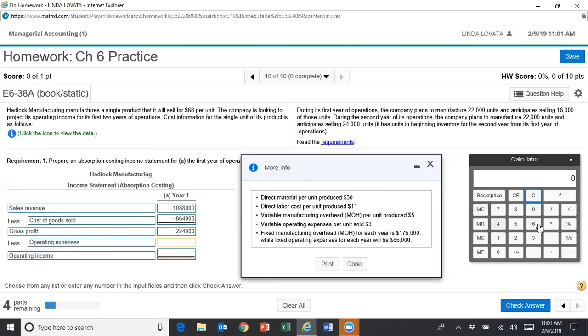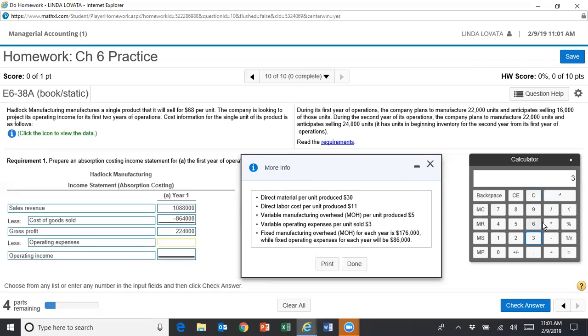All right, so our operating expenses would be the 176 here. Nope. It's our, let's see, variable operating. That's what I was looking for. I'm off a line. And I'm trying to do this live so you can see everybody makes a mistake.